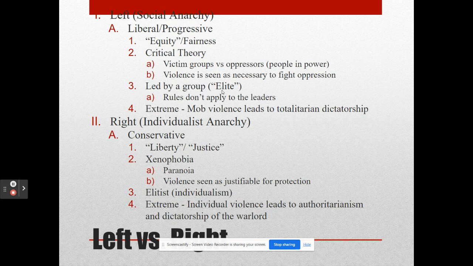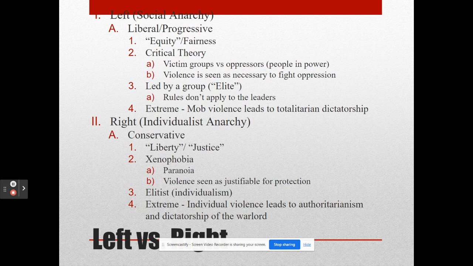The elite do not follow the same rules as everybody else, by the way, because the rules don't apply to the leaders. They only apply to the group. In the extreme, mob violence leads to dictatorship. Totalitarian means total. Groups become so violent that eventually one takes over and it will lead to dictatorship.